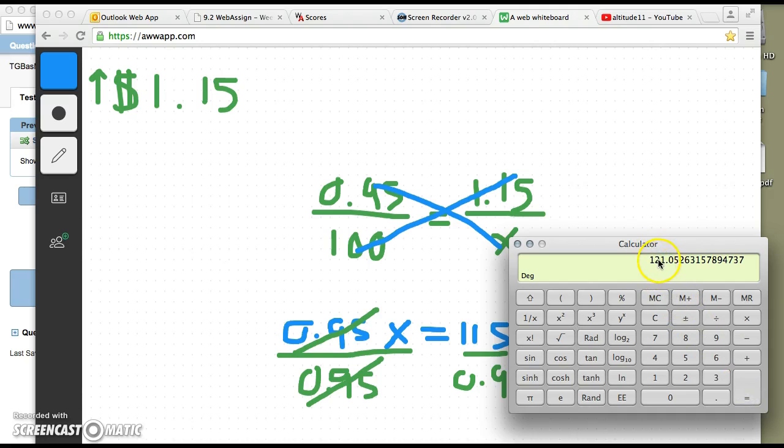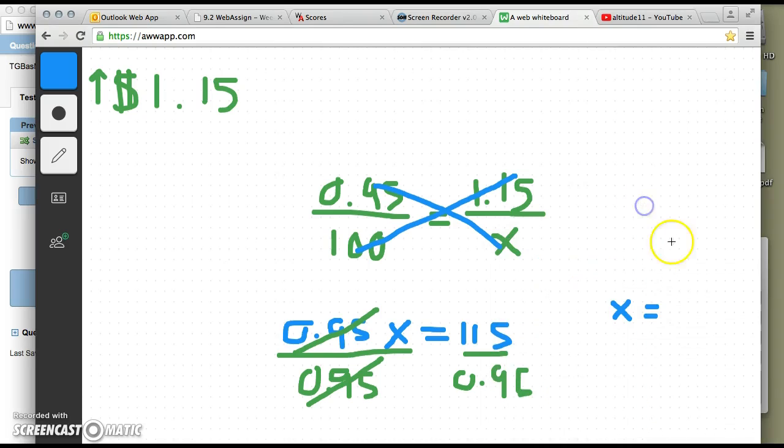So we have 121.0526. Okay, and that is our percent.